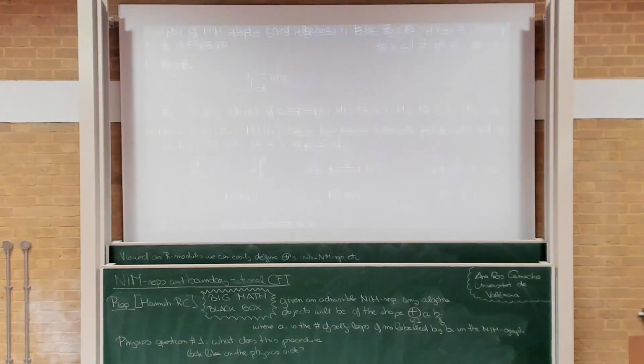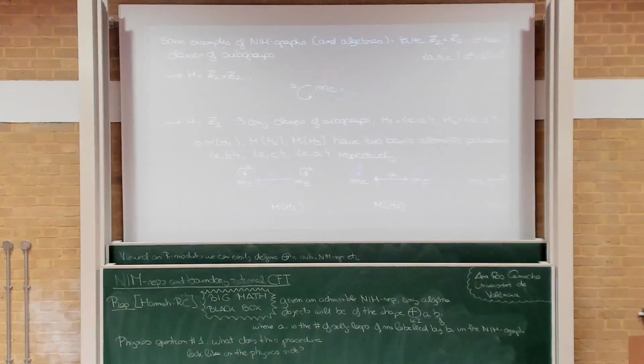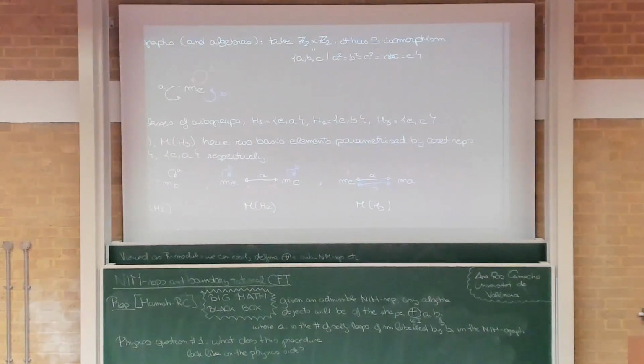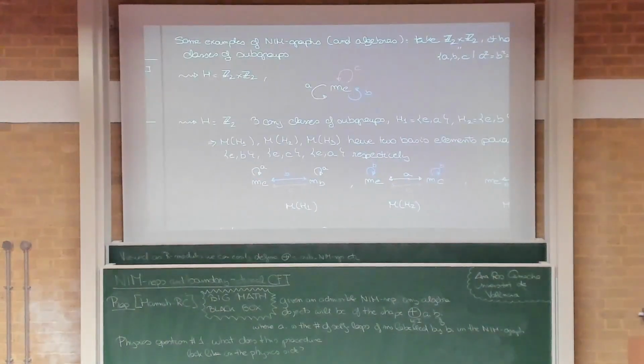Let me take one example of the NIM graph and how to look at the algebra. Let me take just decline 4. Remember, these are the fusion rules. And then it has 3 isomorphism classes of subgroups.